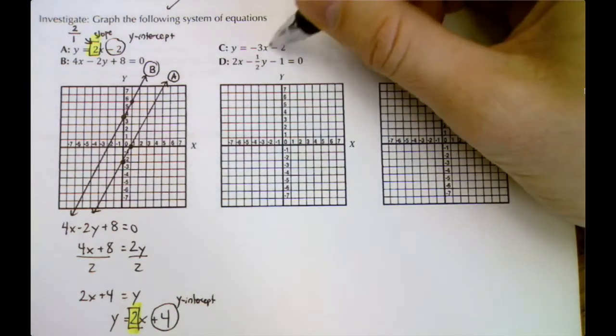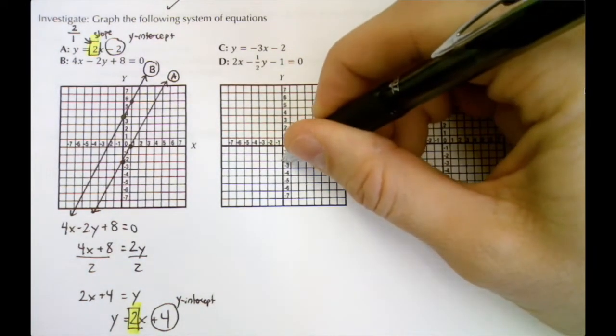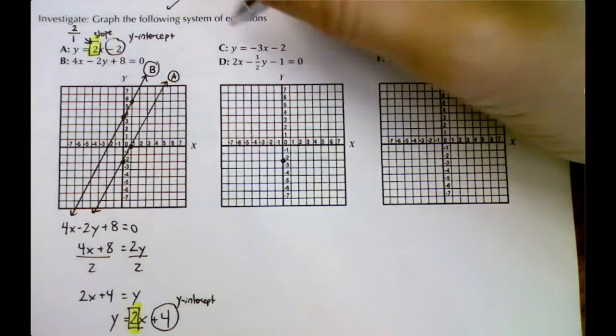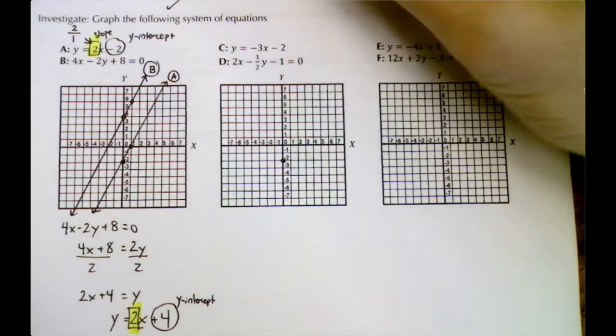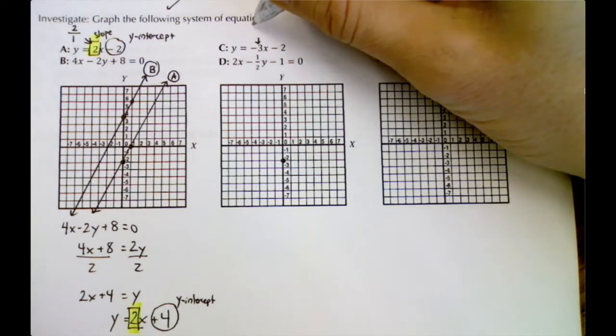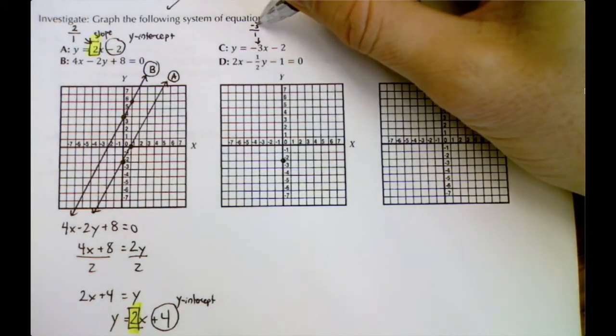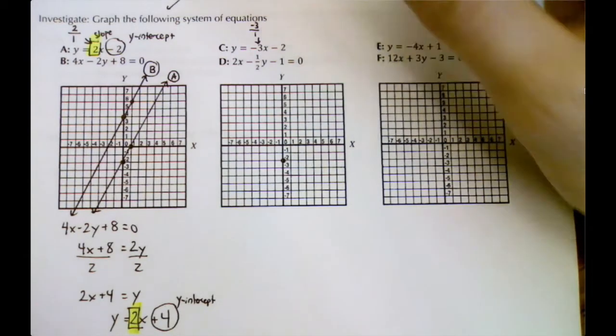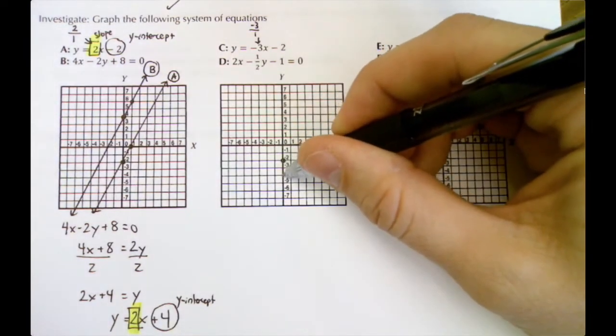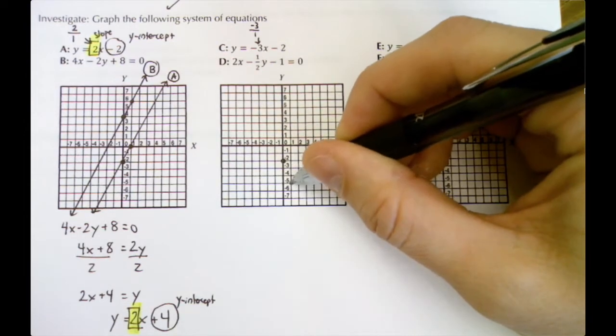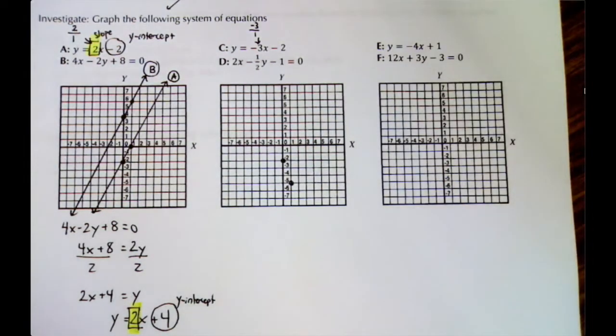The y-intercept on the end is negative 2, so we start at negative 2, and our slope is negative 3. Well, I'm going to rewrite that slope. That would be negative 3 over 1. So that means down 3, right 1. So from this dot, 1, 2, 3 down, right 1 to get a second dot.